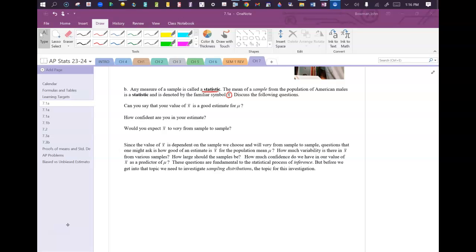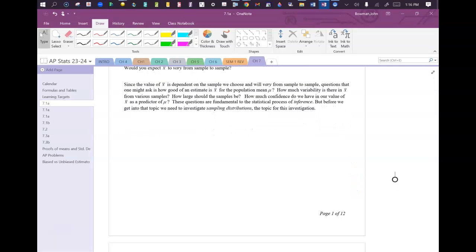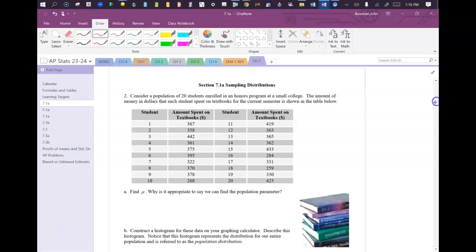These are some fundamental questions that are going to get answered as we move through this chapter and later chapters. It's all an area of statistics called statistical inference, and that's what we will be spending all of second semester on.